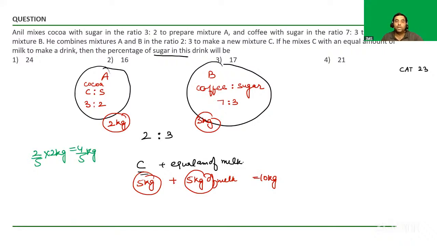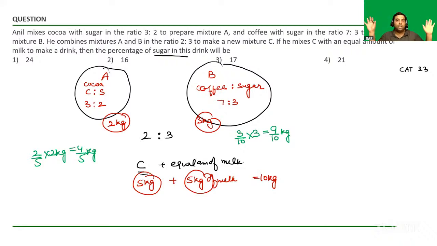Sugar in B is 3/10 of that 3 kg, right, Kushagra? So I end up getting 9/10 kg. So sugar in the first is 4/5 kg, and in the second part, the sugar is 9/10.